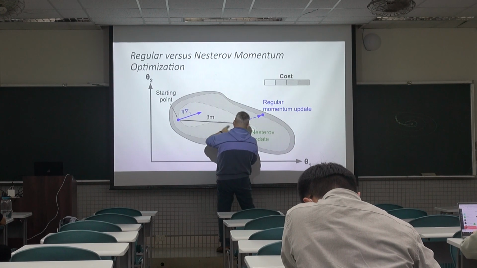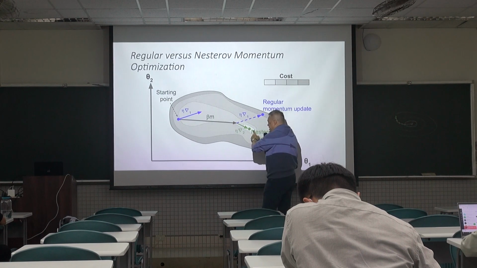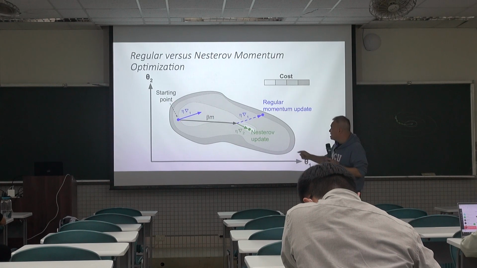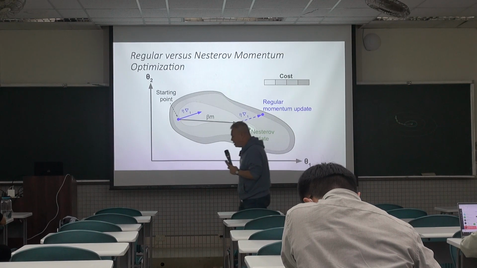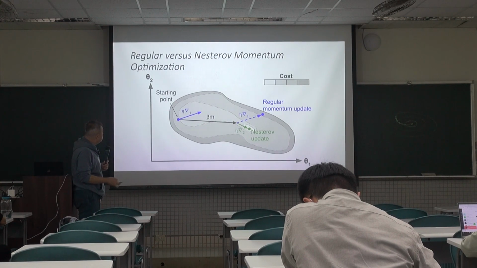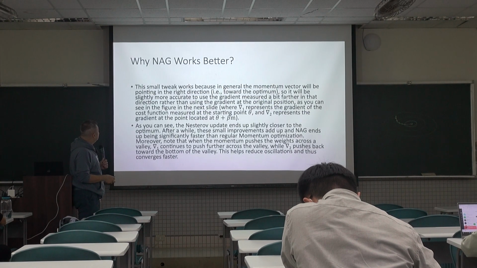This one is supposed to be closer to the optimal location. Of course, it's more complicated than the elongated ball example I drew, but you get the idea. The Nesterov update ends up slightly closer to the optimum.